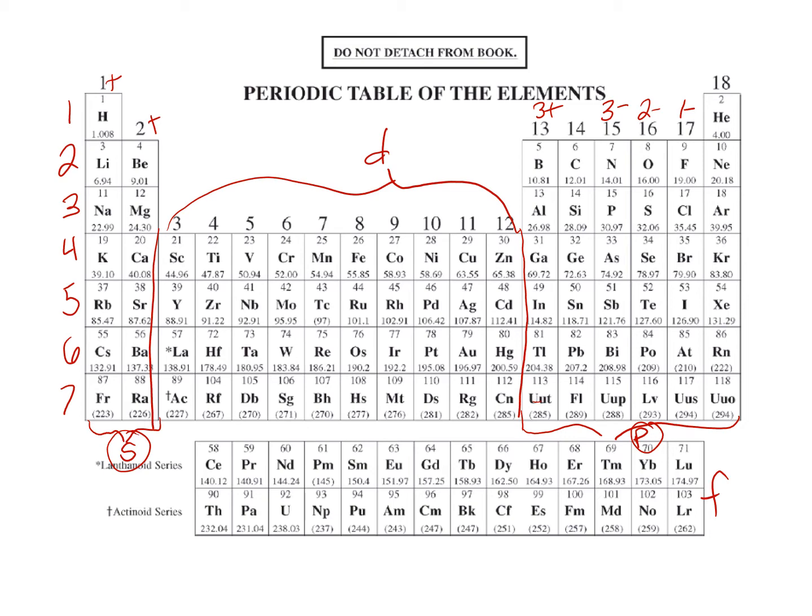If you really want it, maybe add a little side note on your trends, like that atomic radius increases going that way, and then ionization energy and electronegativity increase going the other way. Fluorine is your greatest electronegativity, that kind of thing. Those might be helpful for you as well.